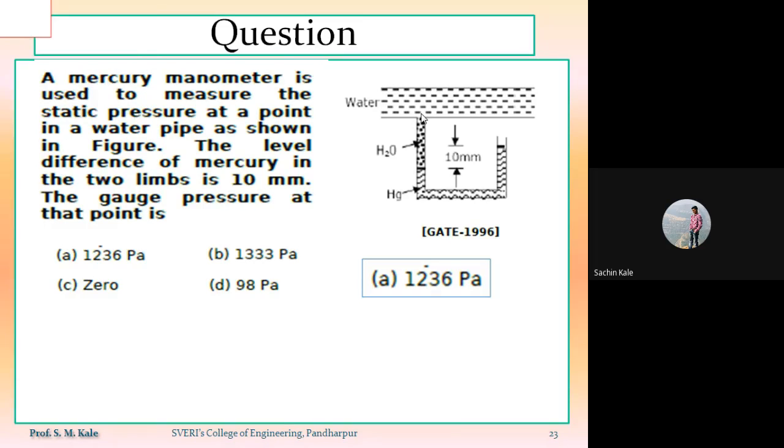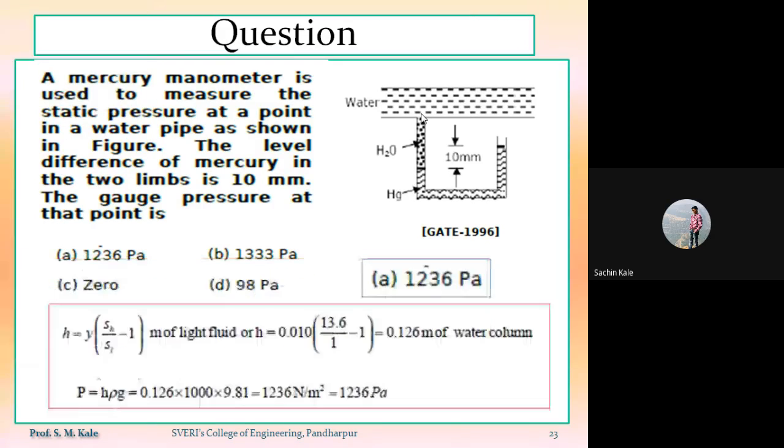How to solve the problem? First of all, as they have mentioned the value of X as 10 mm, the formula is H is equal to, instead of Y consider as X, or assume that Y is nothing but 10 mm. So H is equal to either X or Y, so Y into specific gravity of heavier fluid divided by specific gravity of liquid passing through the pipe minus 1.